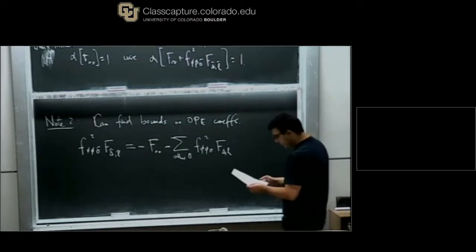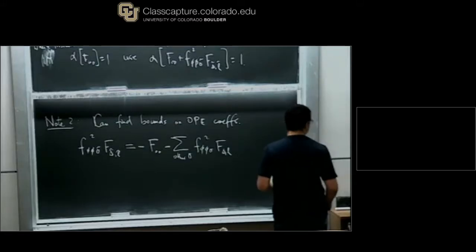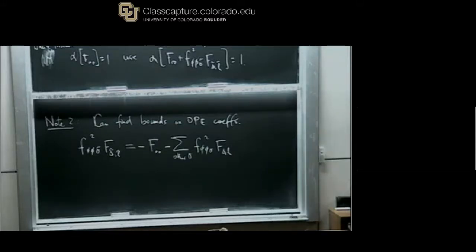Okay, and now the idea is, if I was better at using these boards, I think that would be good, but unfortunately I'm not. So I'm just going to write it here. Find alpha such that alpha acting on f delta tilde L tilde is equal to 1.